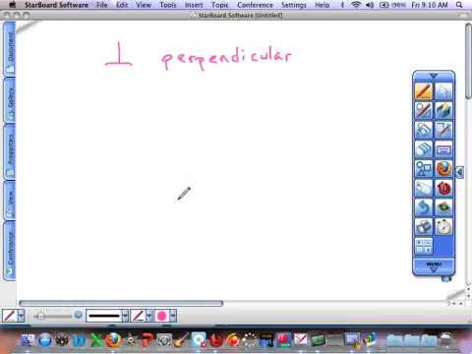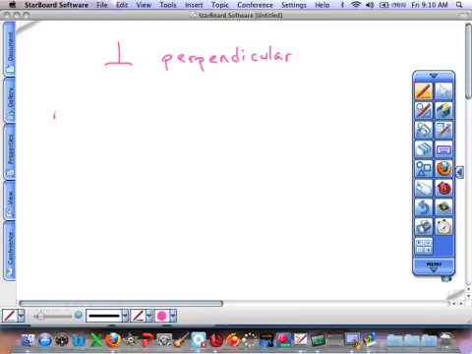The opposite of parallel? Not really. What's perpendicular? Not a right triangle. Yes, it's a right angle. So it's two lines that intersect at a right angle.